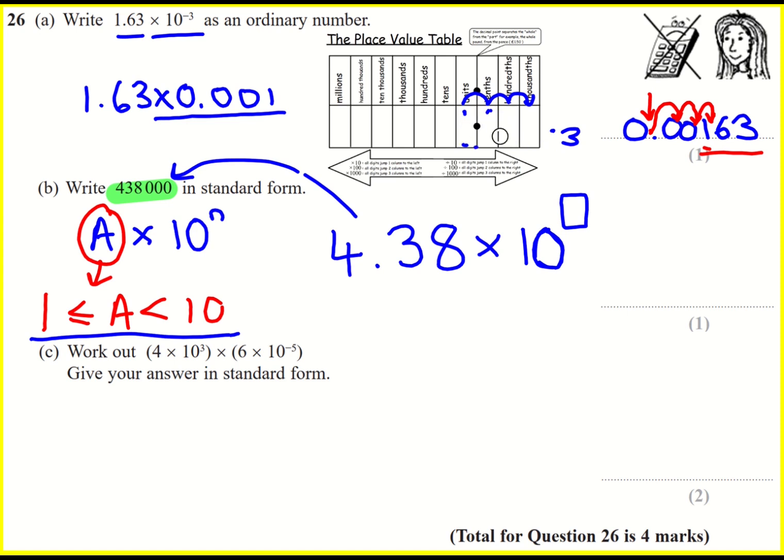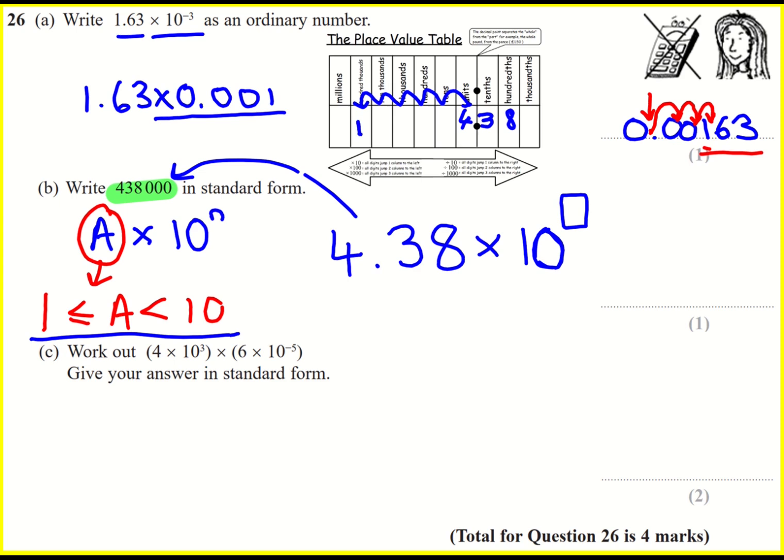Well, let's just use my little place value table up here. So if I put 4.38 here, I would have to jump this to get to 438,000. 1, 2, 3, 4, 5 times.